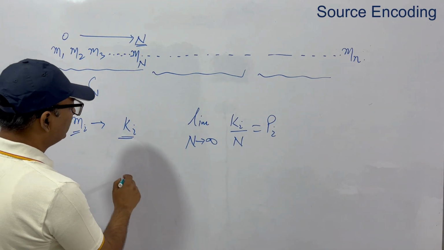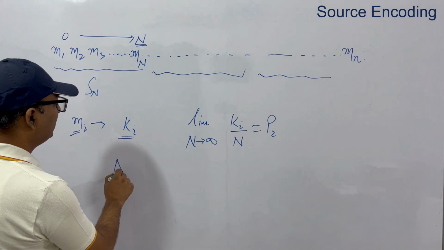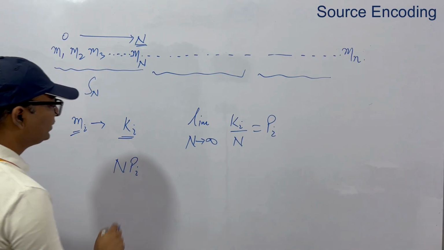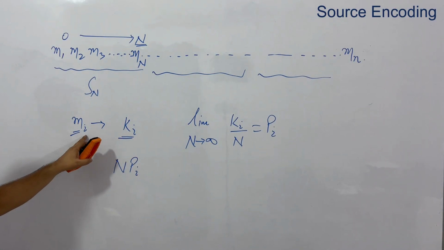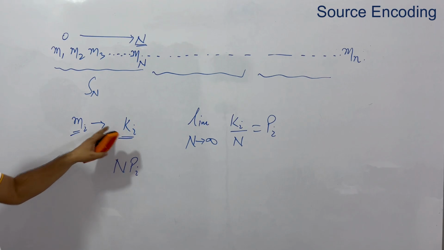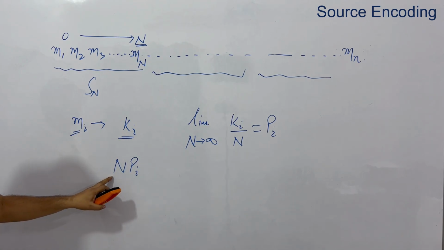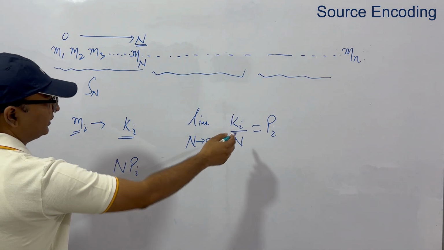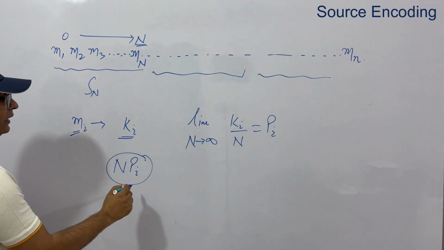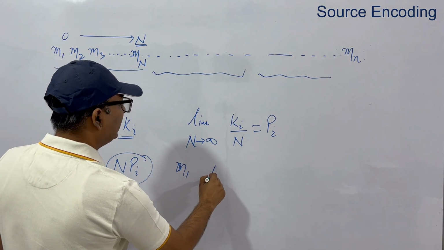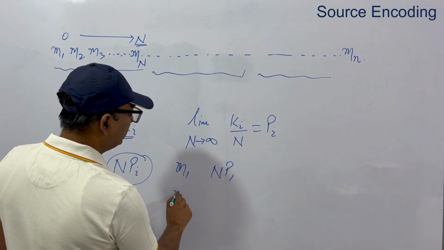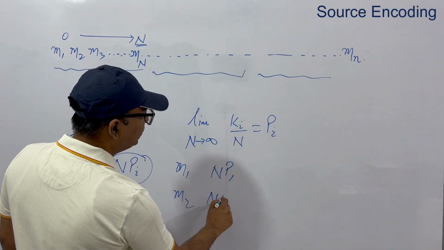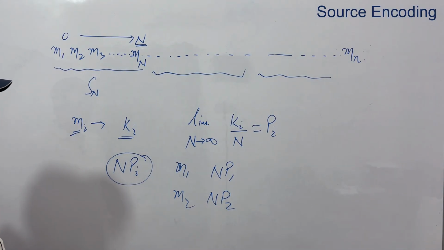That is, this message actually appears this number of times. So from this we can say that m1 is repeating for np1 number of times, m2 is repeating for np2 number of times, and this way.